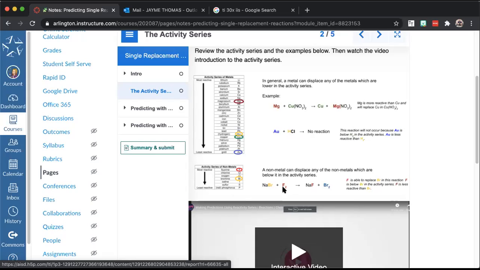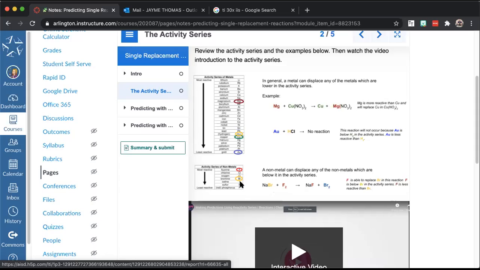Okay. So since fluorine is a nonmetal, it's going to replace the nonmetal in the compound, which in this case would be the bromine. Sodium is a metal, so fluorine cannot replace sodium. So it's going to replace the bromine, because if we check the chart, fluorine is the most reactive nonmetal, all the way at the top.